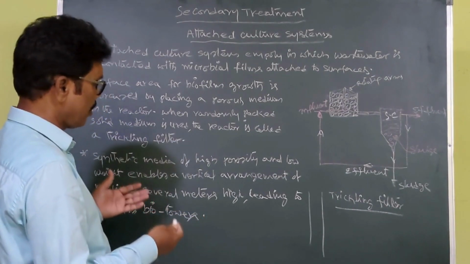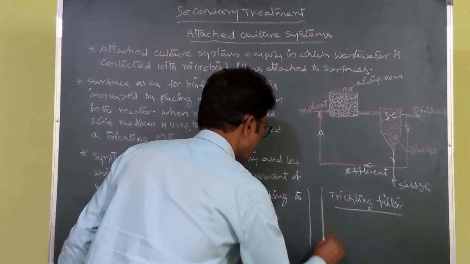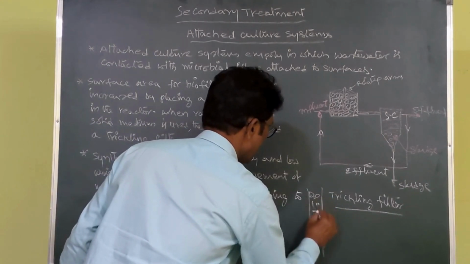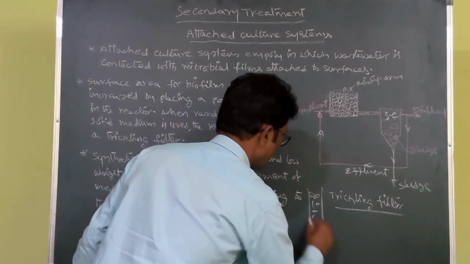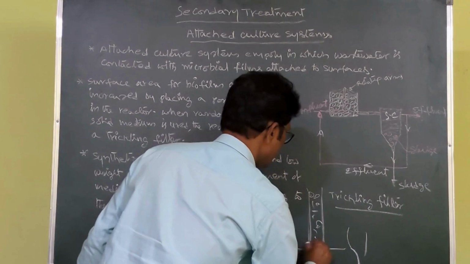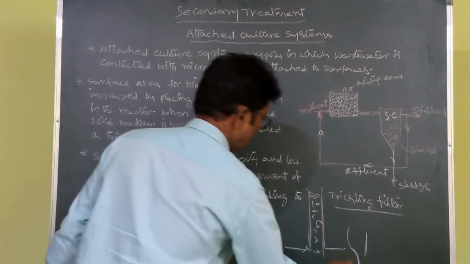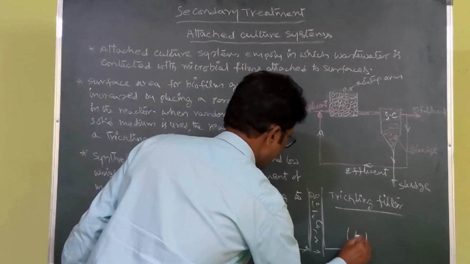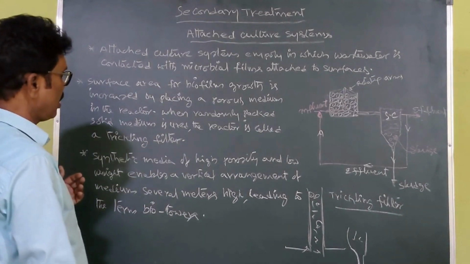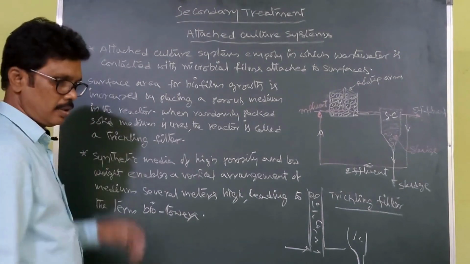Nowadays synthetic materials are available, so very tall media can be set up in this reactor. These are called biotowers. This is the secondary clarifier. This is the influent. Of course there is underflow and top flow. This is the biotower. I will focus on the trickling filter.